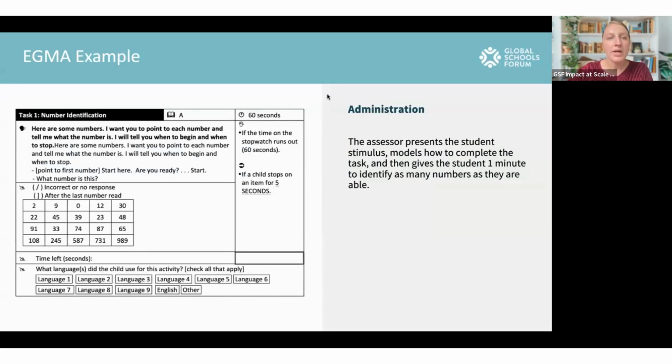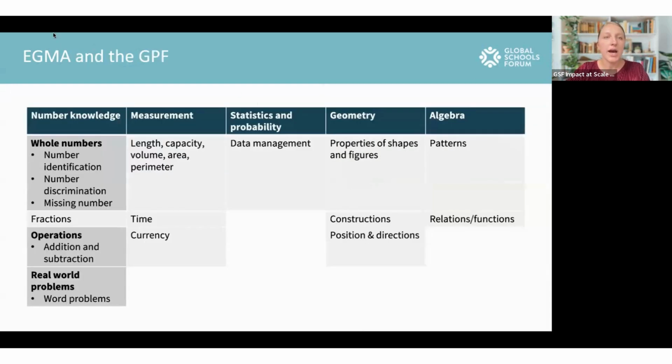This is an EGMA example. So again, the assessor presents the stimulus to the students. In this case, it would be this box with the numbers, and asks them to identify numbers for one minute, and you record how many they can identify in one minute. Compared to EGRA, EGMA covers a much smaller subset of the Global Proficiency Framework.